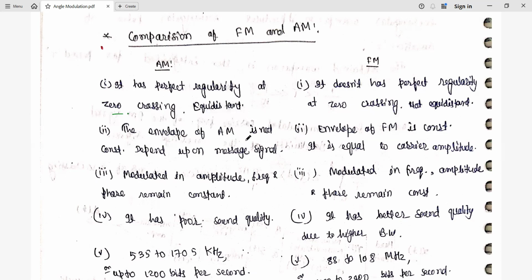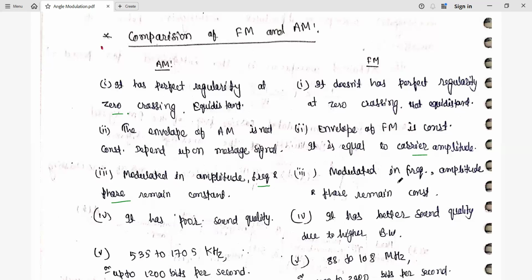The envelope of AM is not constant; it depends upon the message signal, so the modulated signal envelope keeps on changing. But the envelope of FM is constant and equal to the carrier amplitude. In AM, the amplitude is modulated, and frequency and phase remain constant.